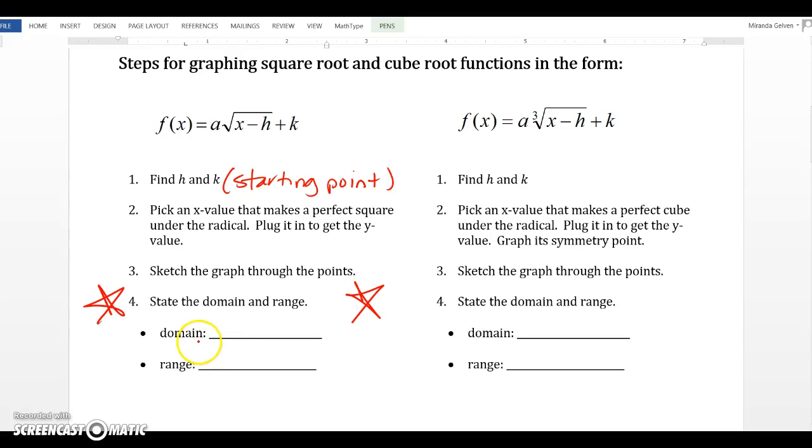Our domain is going to be based off of h, and our range is going to be based off of k, and we'll see that in a minute in our next examples. So let's go ahead and turn the page. We're going to work through a few examples with shifting our square root functions.